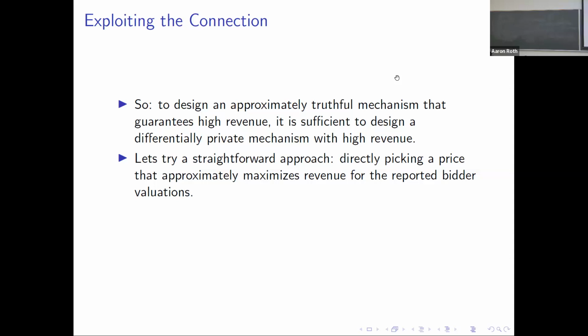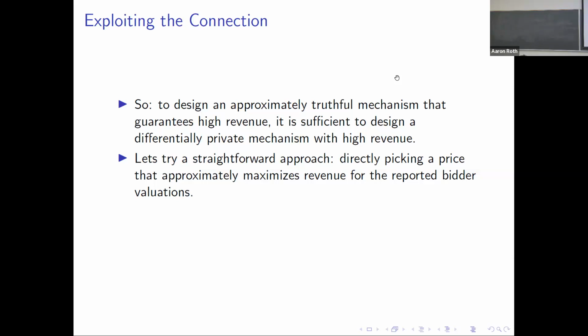And I want to select amongst these prices randomly somehow, where I'm more likely to select prices that make me more money, and less likely to select prices that make me less money. I'd like to weight the scales so that I select prices that make me more money with weight that is as high as possible, subject to the constraint that I still have to be differentially private.